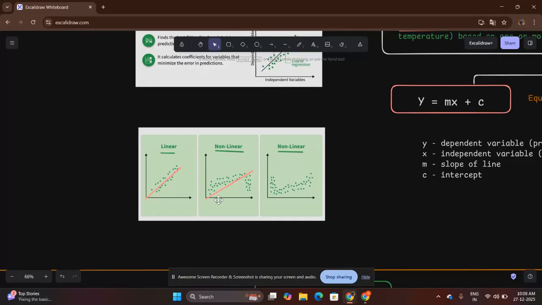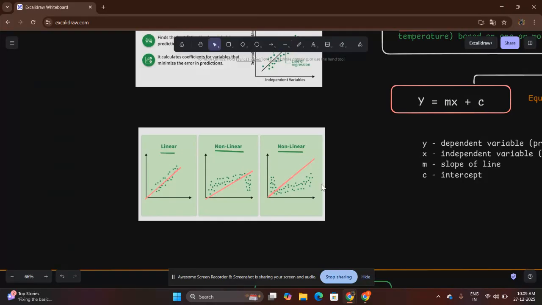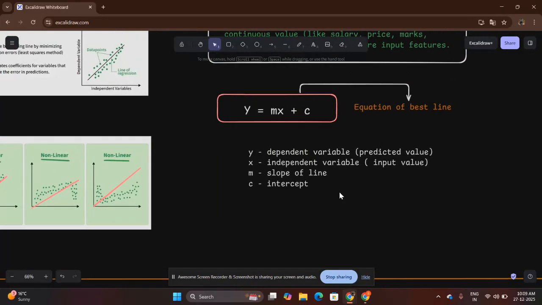regression. We cannot draw the best fitting line there, and in this graph also we cannot draw a straight line. Multiple data points go away from the straight line, and that is the reason for less accuracy.